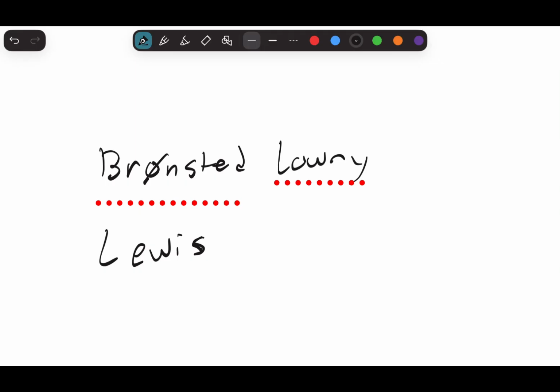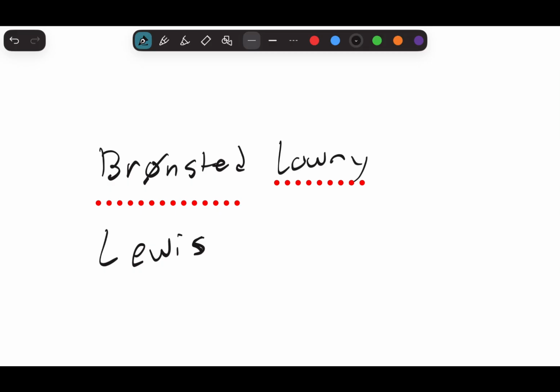Remember that Bronsted-Lowry deals with the transfer of a hydrogen ion or a proton, and therefore there will be electron transfers in that too. But if you have an electron transfer, that doesn't necessarily mean that there is a change in protons. It could be the same. Same thing with bases too.